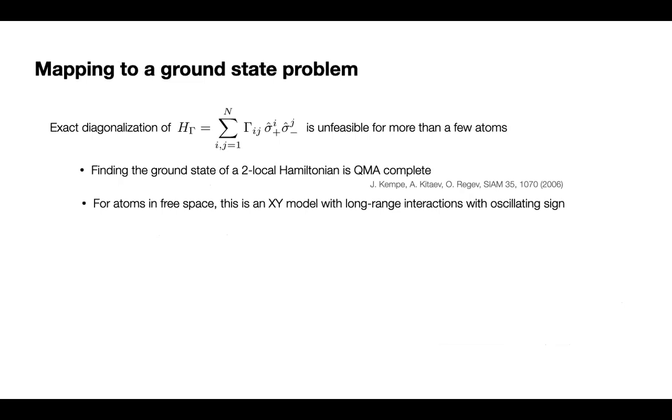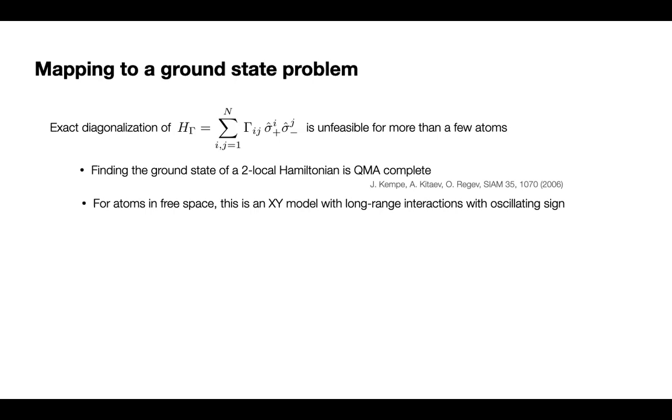This is QMA-complete. So that's not great. This is kind of a worst case scenario. It might be that our Hamiltonian is simpler, but it turns out that, for instance, for atoms in free space, this Hamiltonian is actually an XY model with interactions of alternating sign, which looks like a frustrated Hamiltonian, which looks bad.